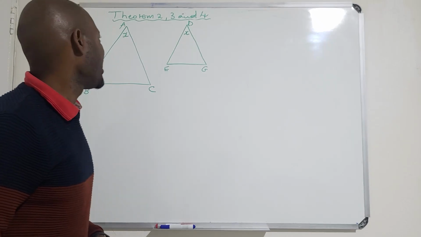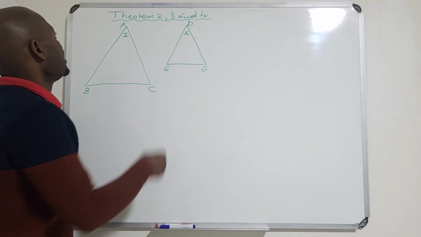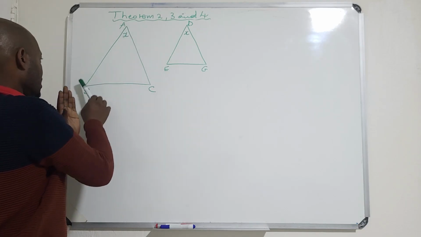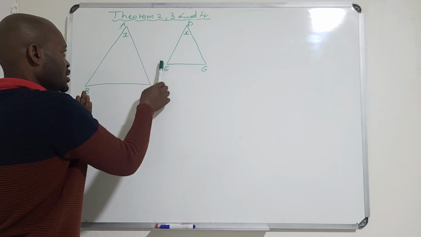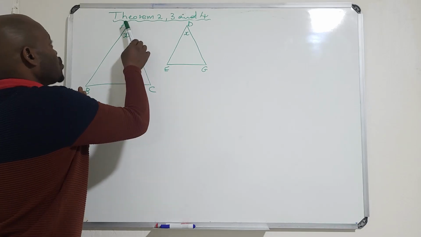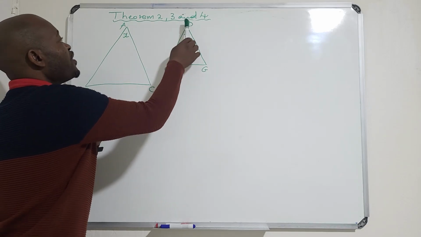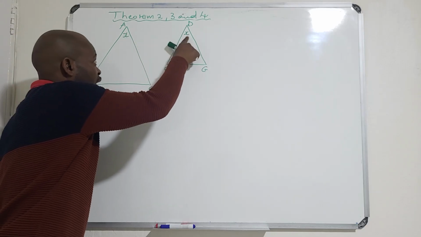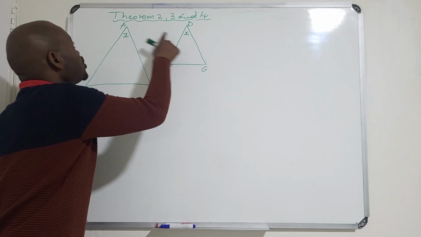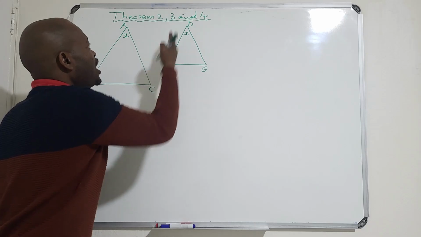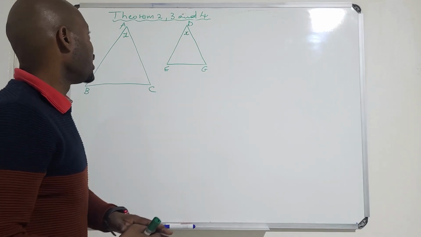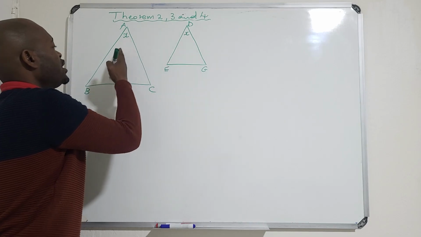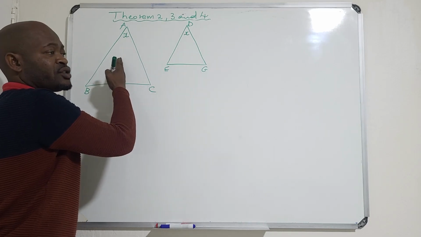What do I mean by that? I mean that when two sides of a triangle, when this over that is equal to this over that, with this angle included between the sides which are in proportion, therefore, it means that this triangle is similar to this triangle.